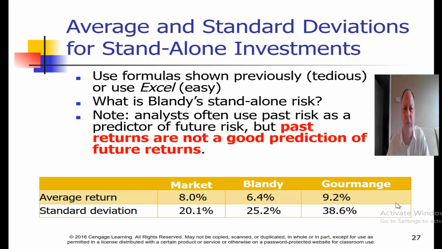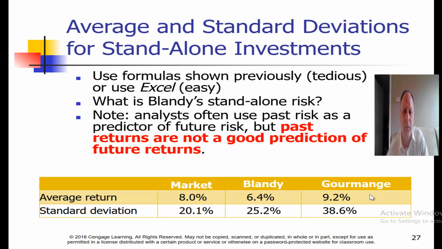Using the data previously presented and our Excel equations, which we will show in detail in another video, we get the following results for the average rate of return and standard deviation.